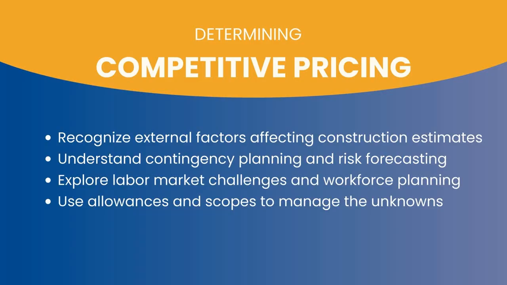And then we're going to use allowances and scopes to manage the unknowns. So, for instance, if I have a roof that looks like it's ready to just fall apart, I can pretty much guess that there's going to be some dry rot somewhere.